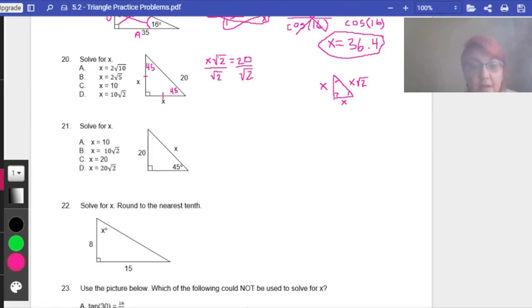Okay, that crosses out, but I'm really not supposed to have that. All right, I'm not supposed to have a radical on the bottom of a fraction.